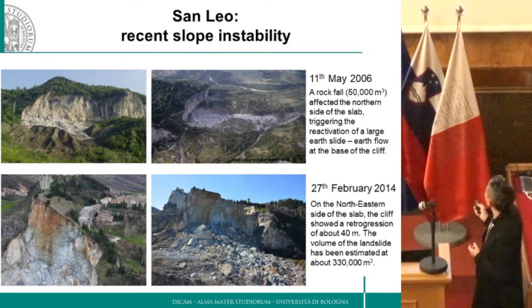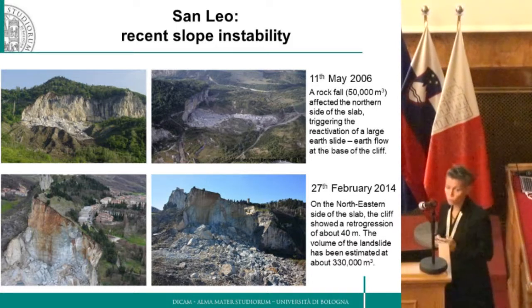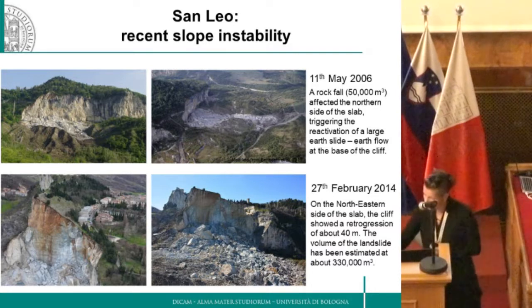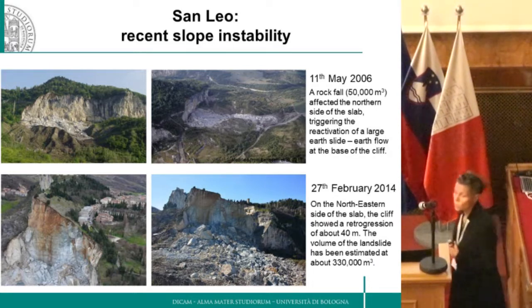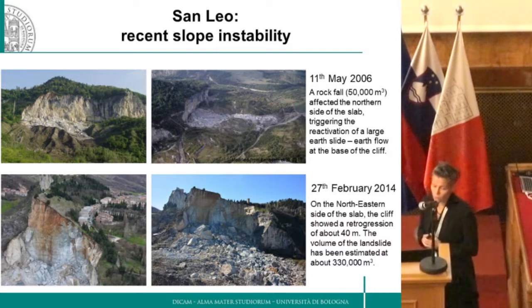Whereas in February 2014, a larger rock toppling affected the northeastern sector of the cliff with a retrogression of the scarp in the order of 40 meters. And you see that actually some buildings were very near to the crown of the landslide. So these buildings were evacuated together with the school and the police station.